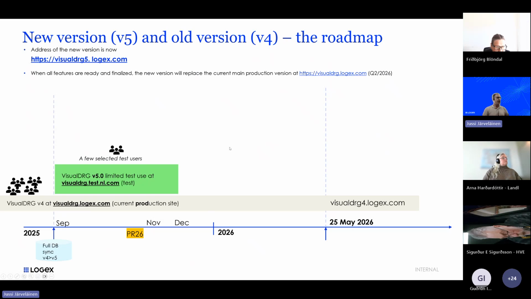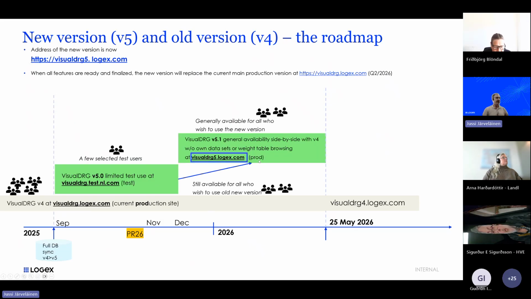Then about the roadmap from version 4 to version 5. It was available for limited test use starting last year, and now during this spring it has gone from version 5.1 to general availability, and we have extended the functionality gradually: 5.1, 5.2, 5.3, and now we have 5.4.